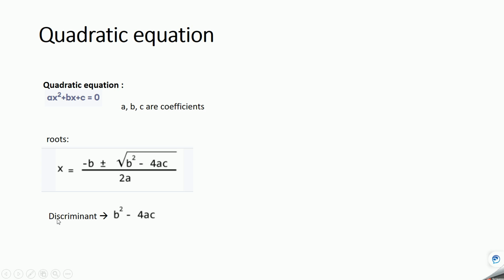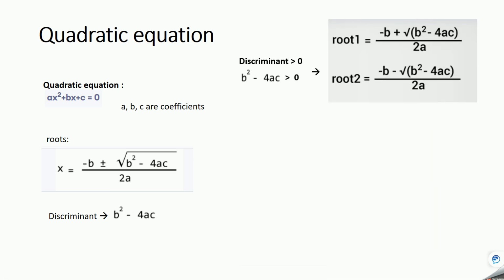Based on the value of this b square minus 4ac, we'll have different roots. Let's see how. We have a situation when the value of b square minus 4ac is greater than 0.